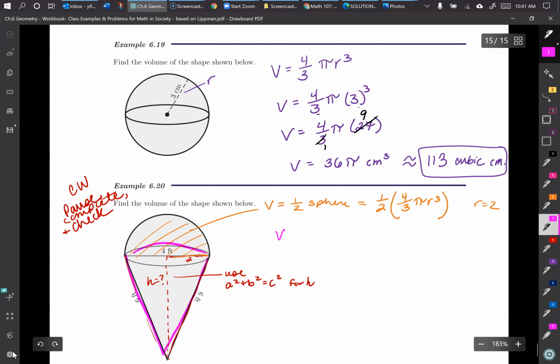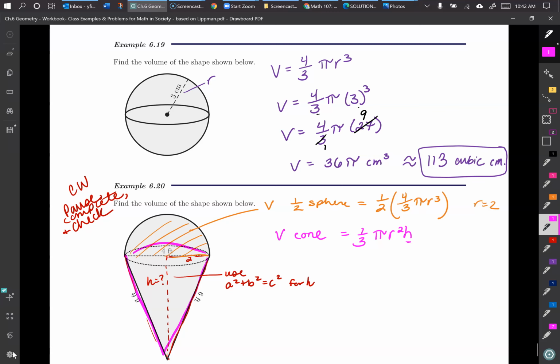Okay, so volume of cone is going to be 1/3 pi r squared times height, and you have to figure out your height from here and pop it in, okay?